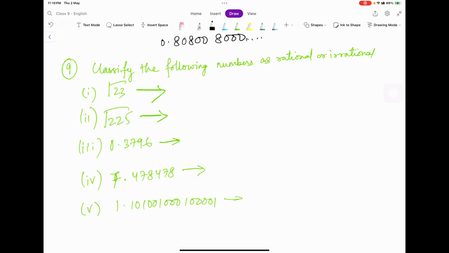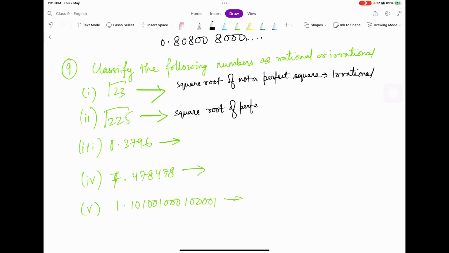See, the first is root 23. It is the square root of a non-perfect square. What I have said is that the square root of a non-perfect square will be irrational. Then the square root of a perfect square: root 225 equals 15.